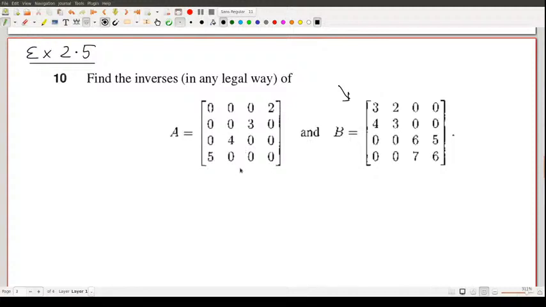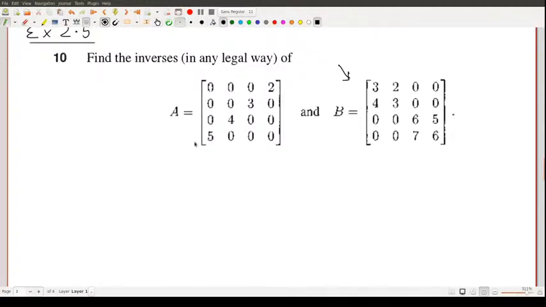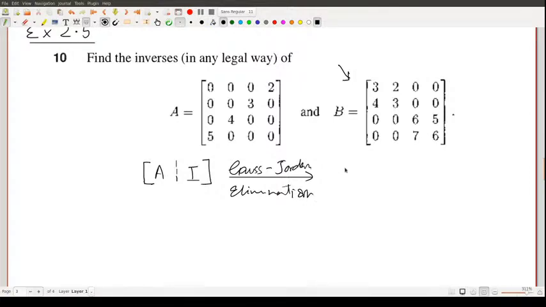This is easy to do. You can use the method of finding the inverse. One method that I used to find the inverse of A was to take the following approach. The way you can find an inverse is to augment A with the identity matrix. Then you perform Gauss-Jordan elimination to get it in reduced row echelon form.